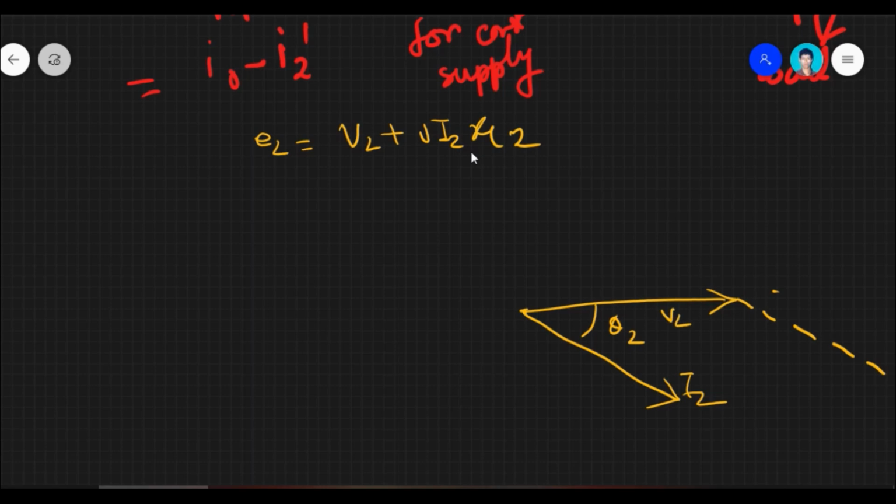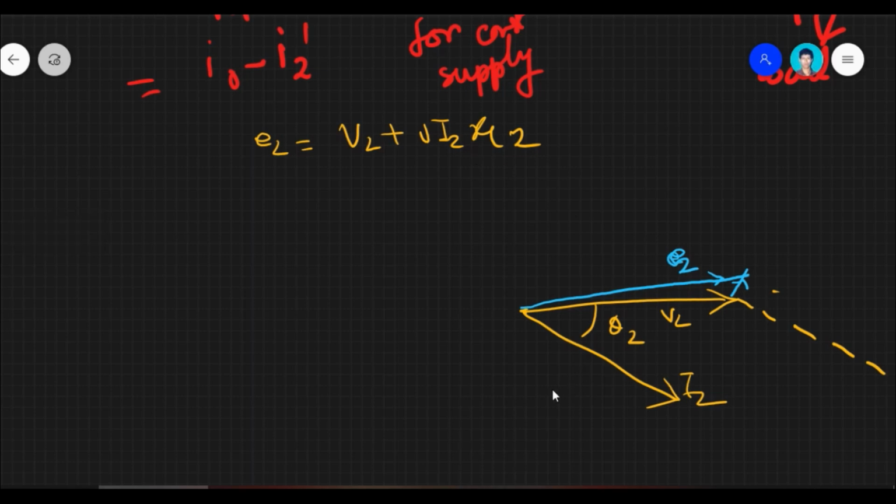Then from that line we draw another line making an angle of 90 degrees. And when we join them, we get E2. Then what we know is that E2 and E1 are in phase because they are produced by the same flux linkage.